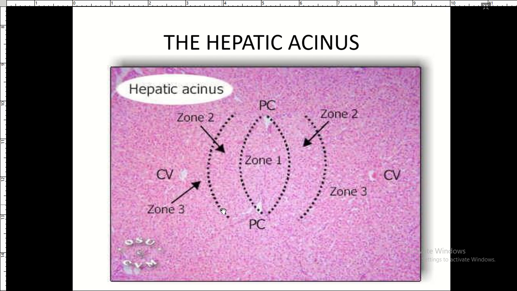Zone number two is an intermediate range. So it performs intermediate metabolic function, because it is between zone number one and zone number three, right? And away from zone number two, we have this space, zone number three, that is now closer to the central vein.